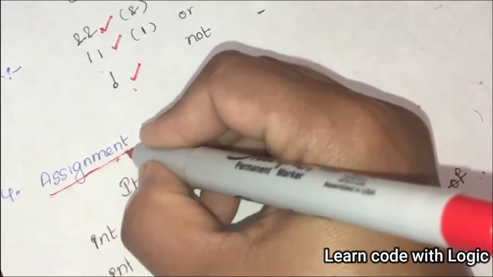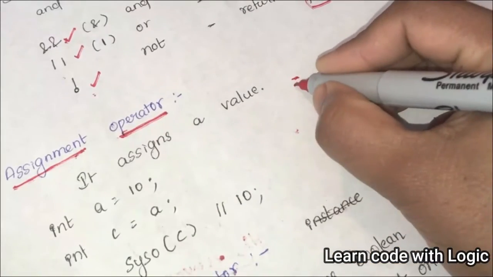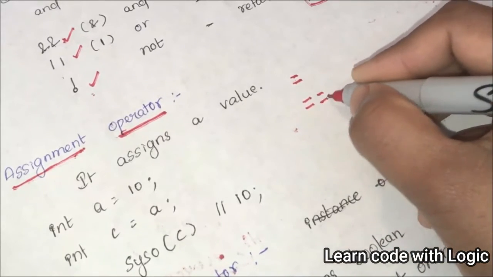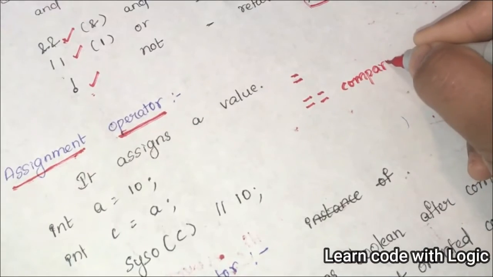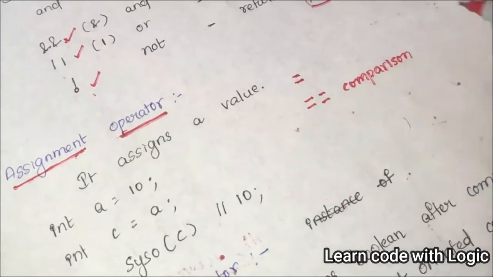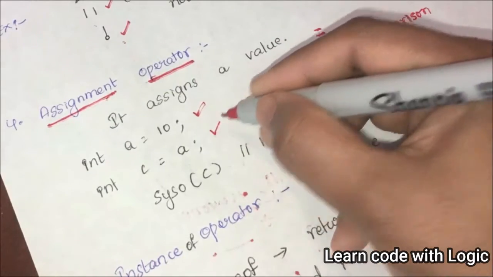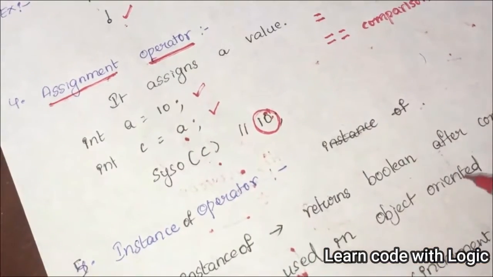The next operator in Java is assignment operator. Assignment means the equal symbol, just one equal symbol. If it is two equal symbols, we already discussed this is comparison. Suppose int a equal to 10, int c equal to a, even though you are not assigning any value here.